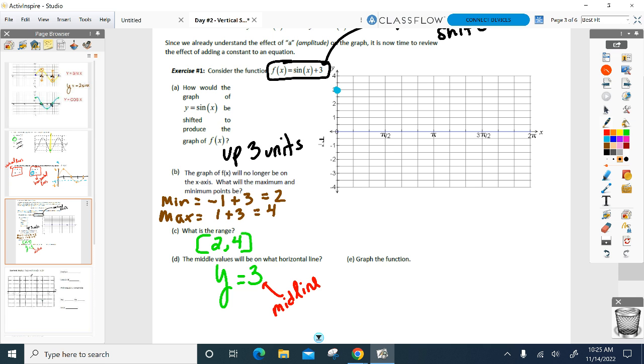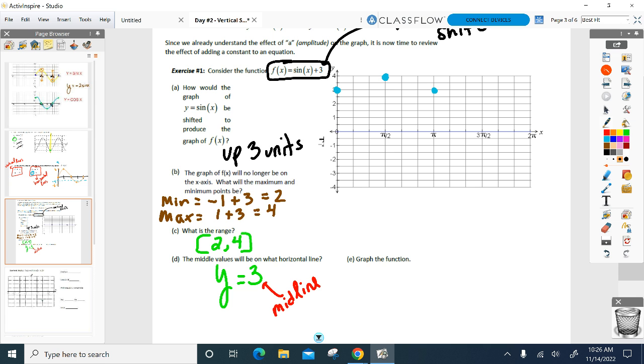We already wrote it down. What's the max? So at pi over 2, I'm going to 4. Midline, max, to where? Midline, good. Don't say 0 anymore. We want to say midline. So at pi, we should be graphing 3. Everyone's good? Then where's the sine curve travel to now?